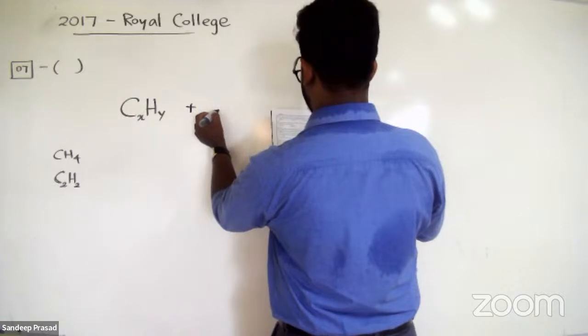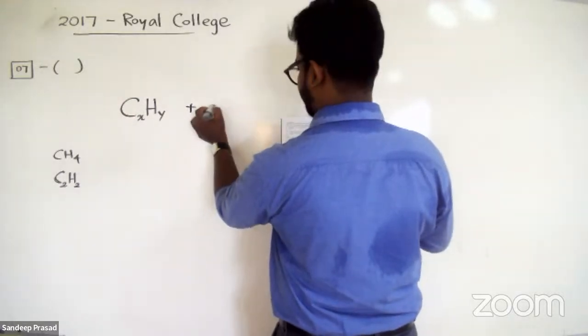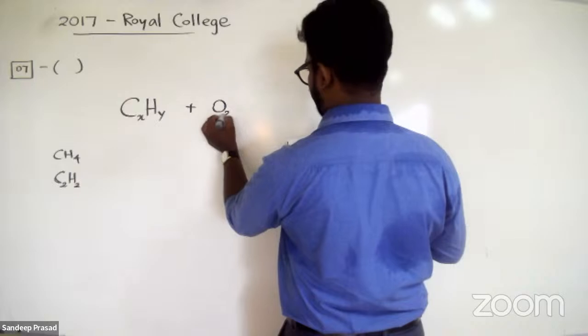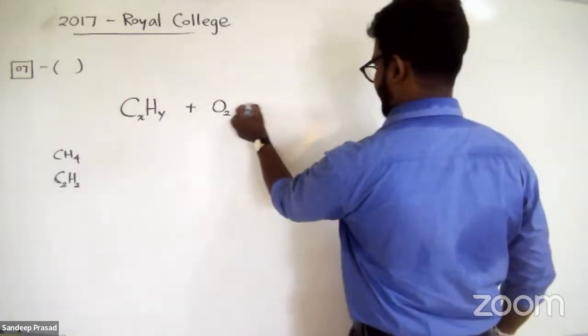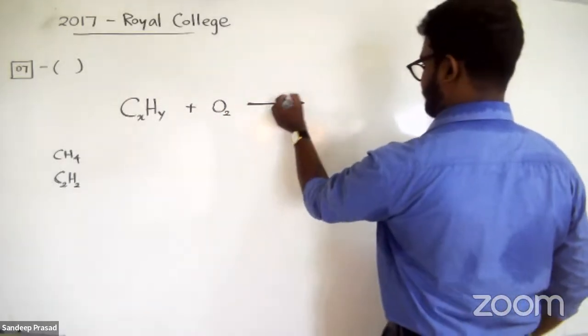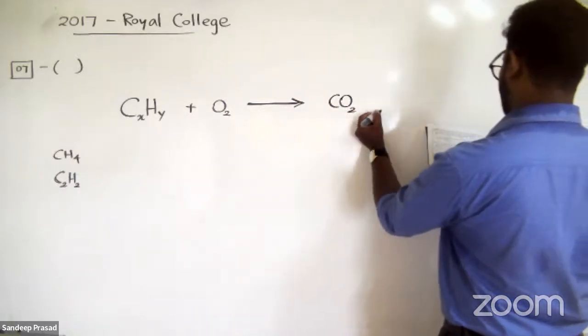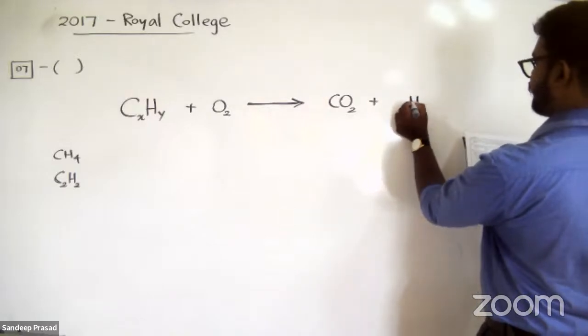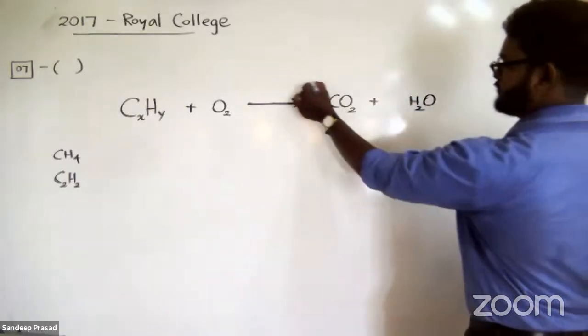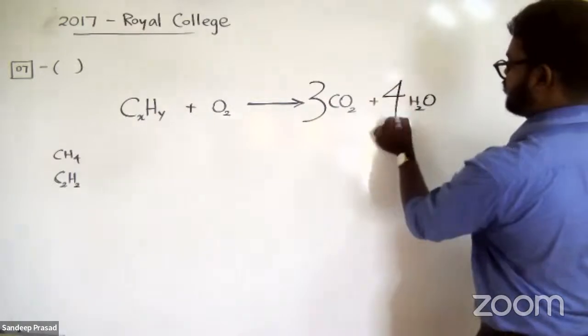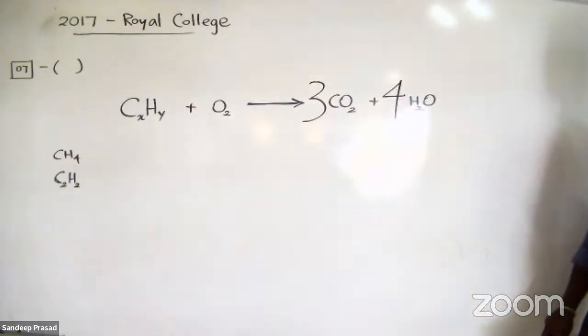So that reacts with oxygen in combustion. Combustion means reaction with oxygen. It forms 3 moles of carbon dioxide and 4 moles of water.